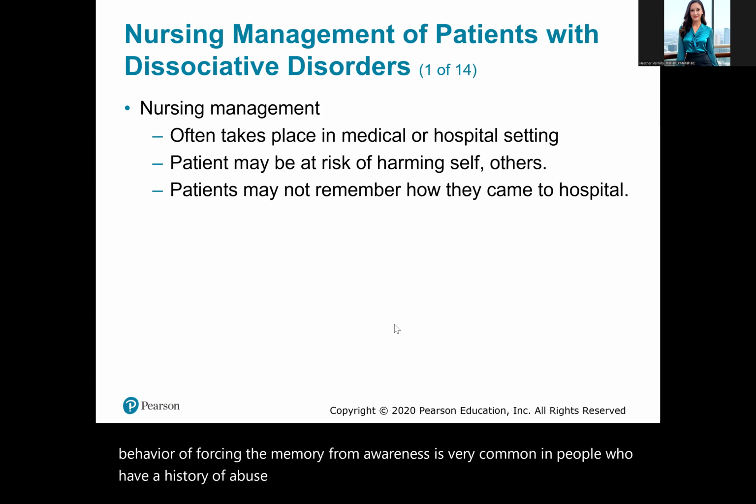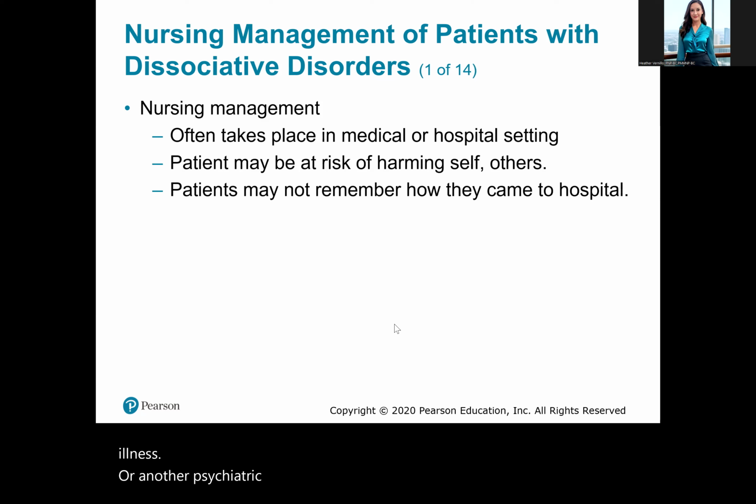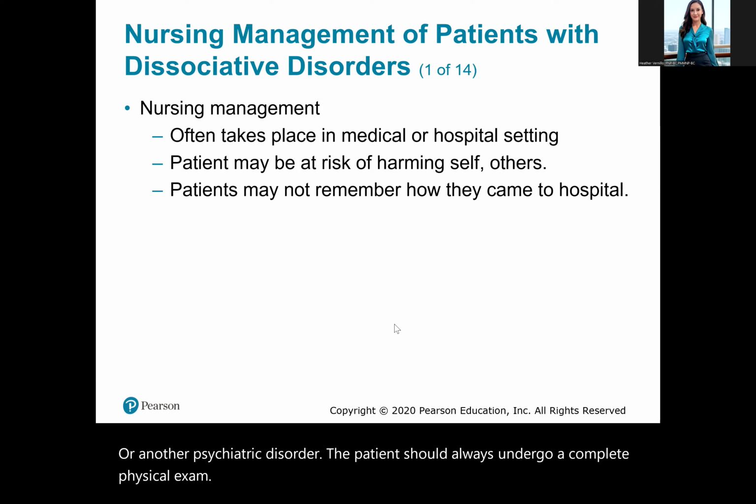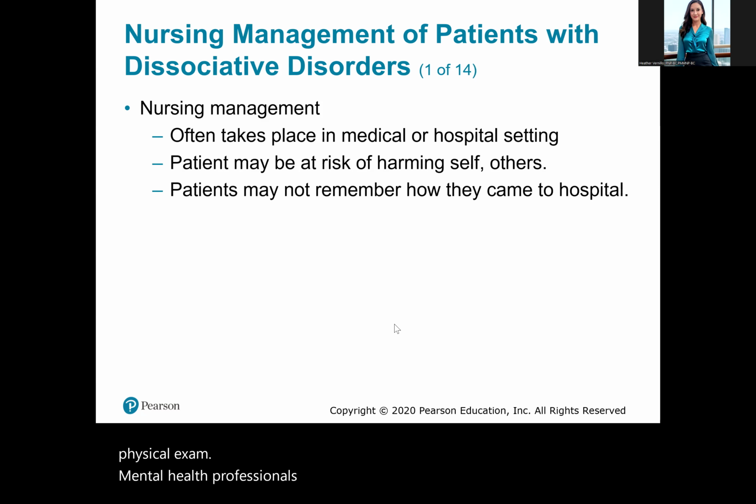Because dissociative disorder can mimic a physical illness or another psychiatric disorder, the patient should always undergo a complete physical exam. Mental health professionals will obtain a careful personal history from the patient and the family.